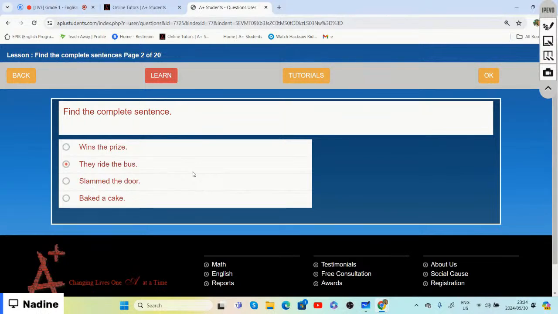Because option two is they, which is our naming part, and then ride the bus is our action part.